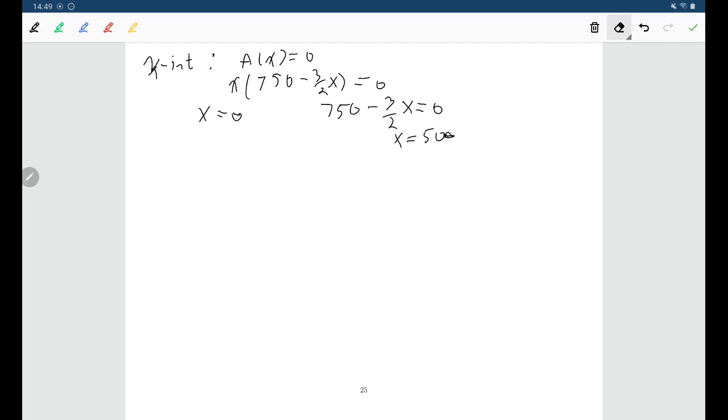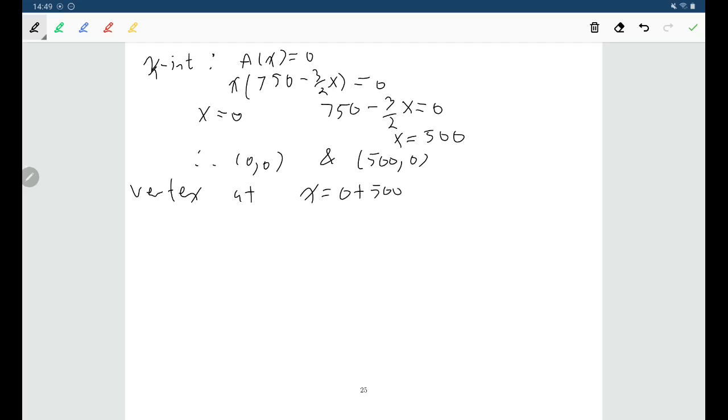So for this parabola that we're talking about, it has two x-intercepts, one of them at the origin, and the other at (500, 0). So that means that the vertex is at the midpoint between 0 and 500, which is when x is 250.